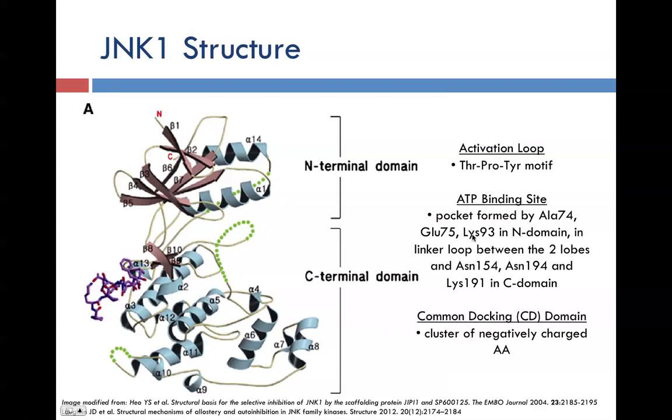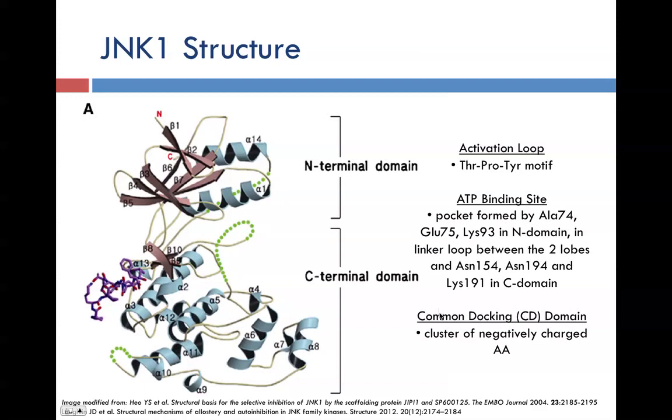The ATP binding site is a pocket formed by 3 residues in the N domain, up here, as well as 3 residues in the C domain down here, as well as the linker loop between the 2 lobes. As we can see, we're not quite sure. Apparently ATP gets sucked into a pocket that JNK1 forms.